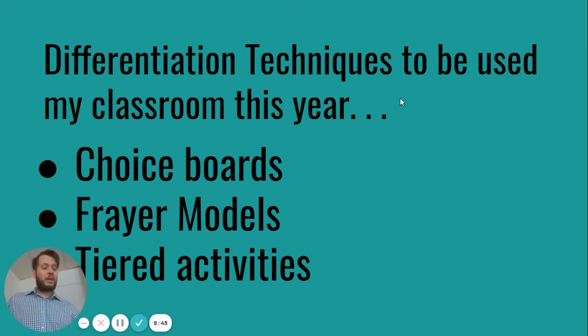Choice boards allow students to choose the way they want to learn about a specific concept. Tiered activities are similar to choice boards in that scholars learn about a concept in a variety of ways, but with tiered activities, I will determine our scholars' readiness level for assigning tasks and going forward with the lesson activity.